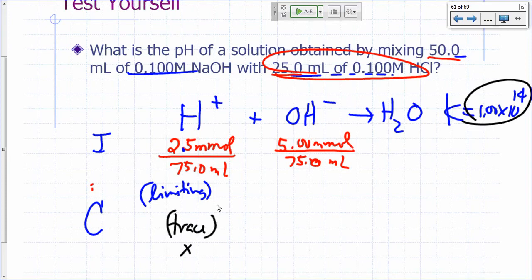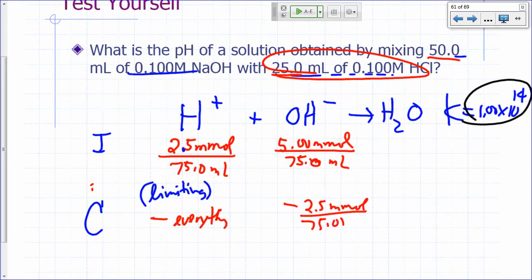You're going to pretty much lose everything here. In other words, the amount you lose would be minus 2.5 millimoles over 75 mL for H plus.